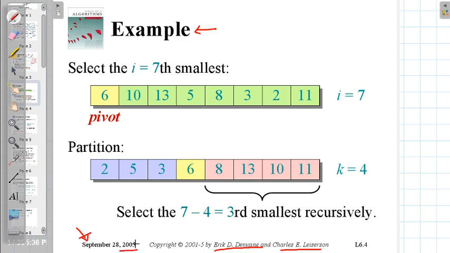This is from MIT OpenCourseWare, a 2005 course, but one of the best courses I have seen, regarding algorithms, and the lecture slides they have made are excellent. We are trying to take the help of that for a few of the lectures, like this one as well. So we have to select the i equal to 7th smallest element here.